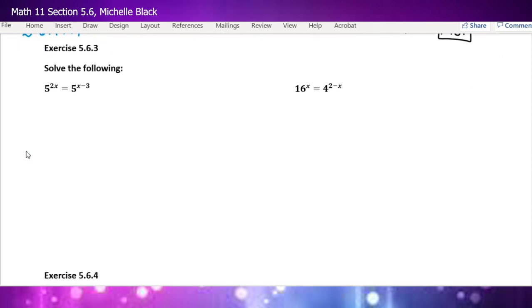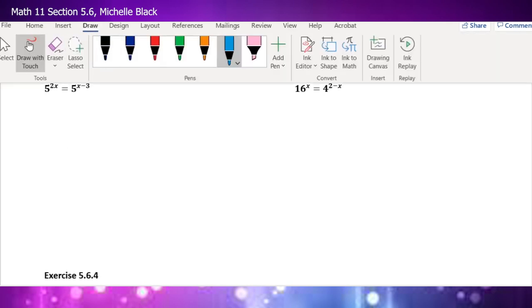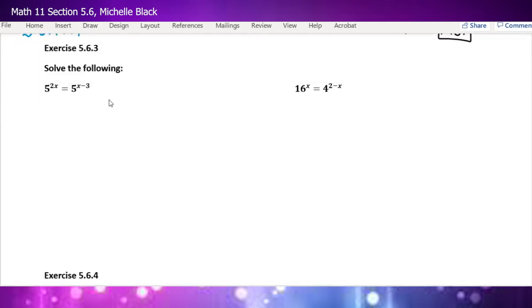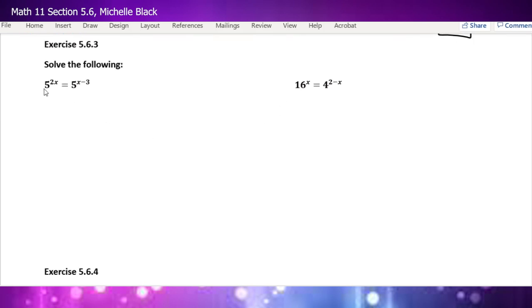All right, here's some other exponential equations that look a little different than the ones we've been doing. Notice on this first one in exercise 3 that we have two exponential expressions, but they're each base 5. Well, if you have the same base, then that implies that your exponents should also be the same.